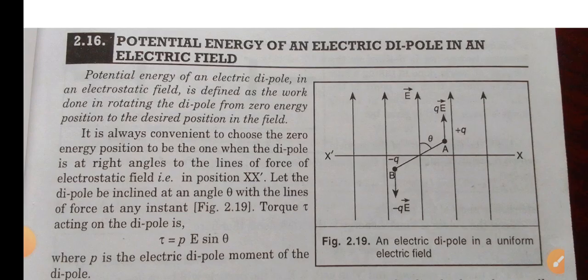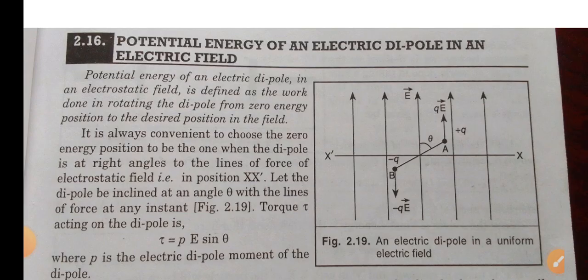Choose the zero energy position to be the one when the dipole is at right angles to the lines of force of the electrostatic field. Let the dipole be inclined at any angle theta with the lines of force at any instant.